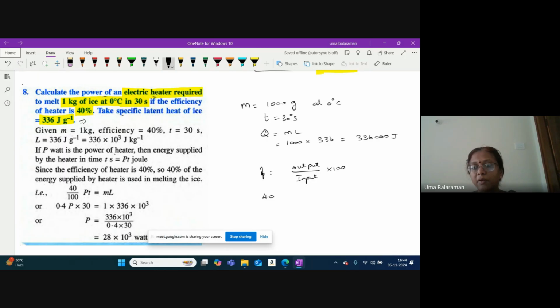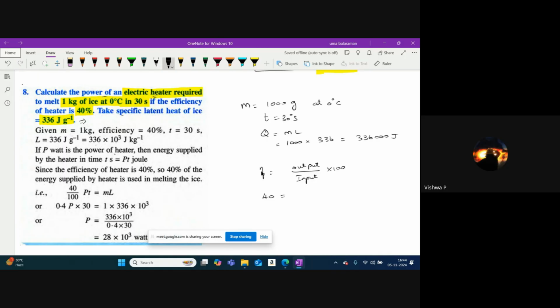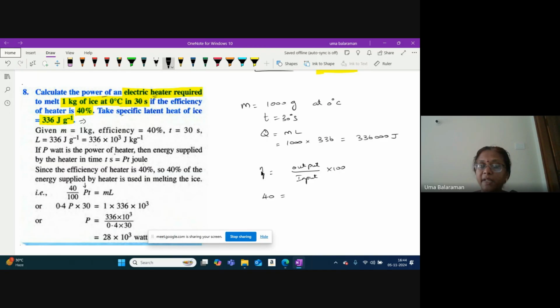Ma'am, what is P? What is T? Power. When we study the electricity lesson, we will be better with this. Again, we will study electrical energy. So the output is the electrical output, only 40% of the input. Input electrical energy is the electrical input energy.